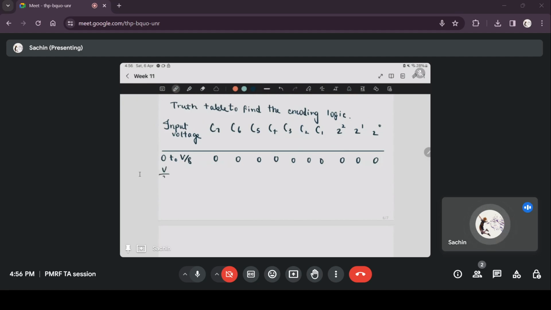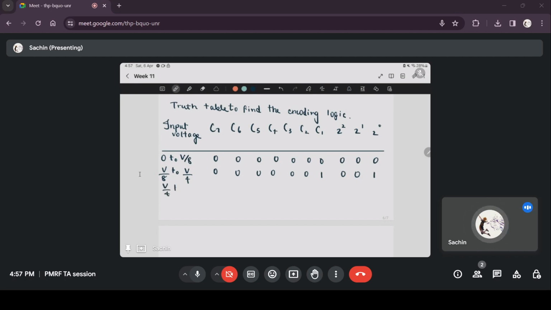From V/8 to V/4, comparator 1 will give you output 1, which will be encoded as 001.